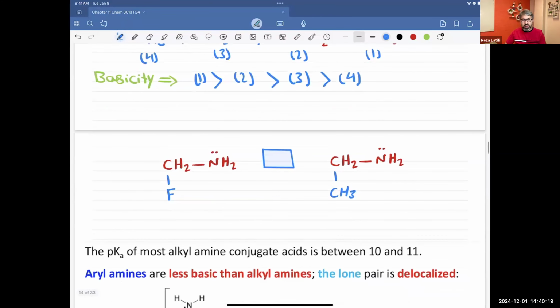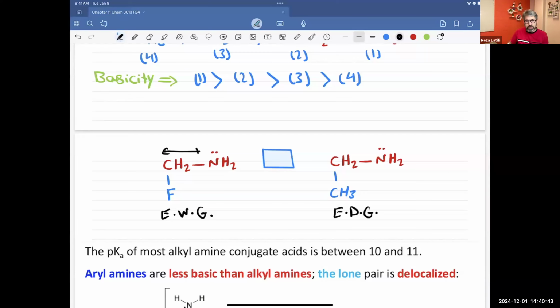And now, for example, if you compare CH3 with fluorine or chlorine, you will find out that CH3 is an electron donating group, while fluorine is an electron withdrawing group. And when it comes to basicity, fluorine is going to pull electron density to its side.